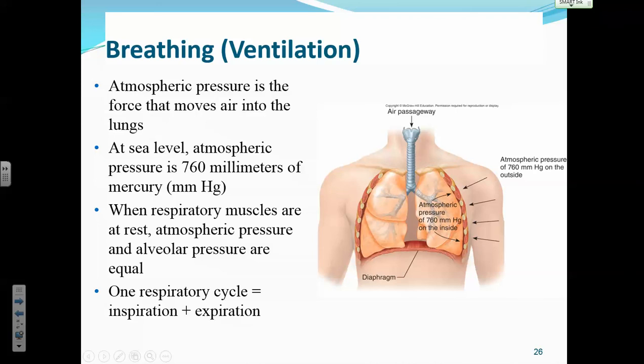In between your respiratory cycles of inhalation and exhalation, the air pressure and atmospheric pressure are the same. Do you see it? 760 millimeters of mercury inside and outside. So that means there's no movement of air in. But when you inhale, you have got to increase the thoracic size so that the air pressure drops in there.